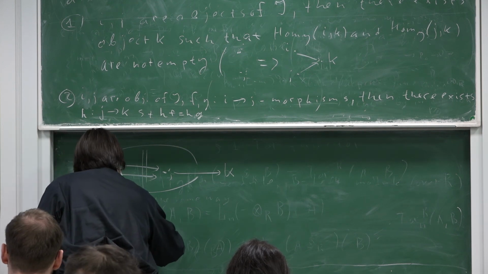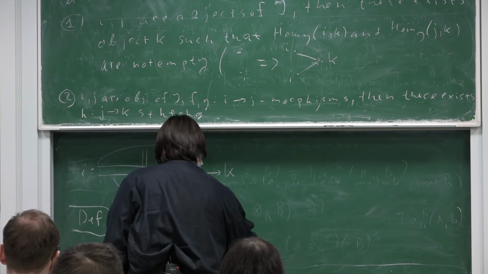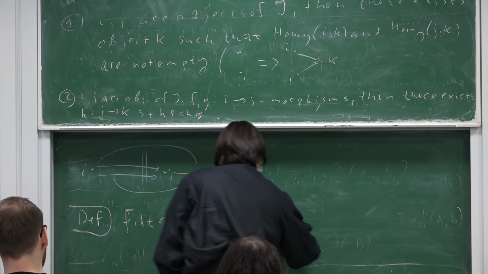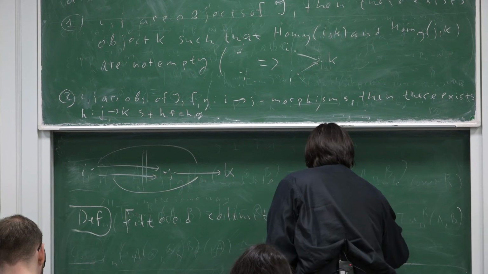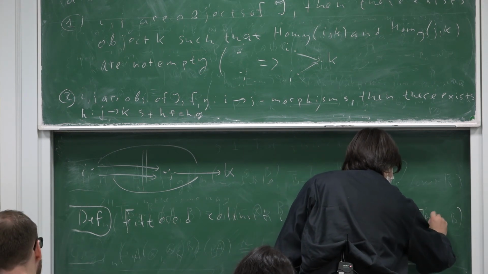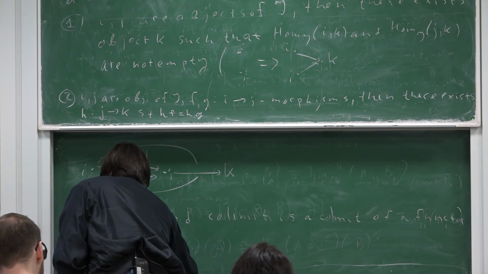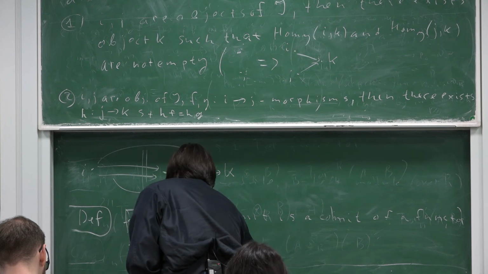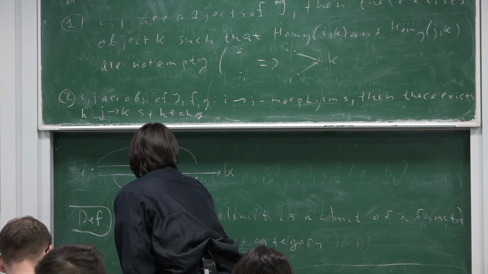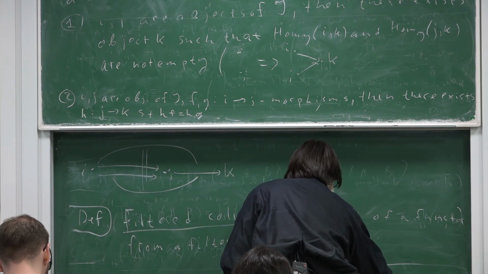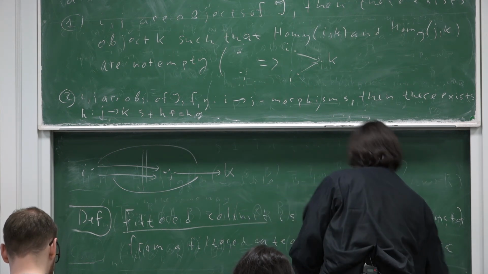A filtered colimit is a colimit of a functor from a filtered category to somewhere, in fact, to a category under consideration.